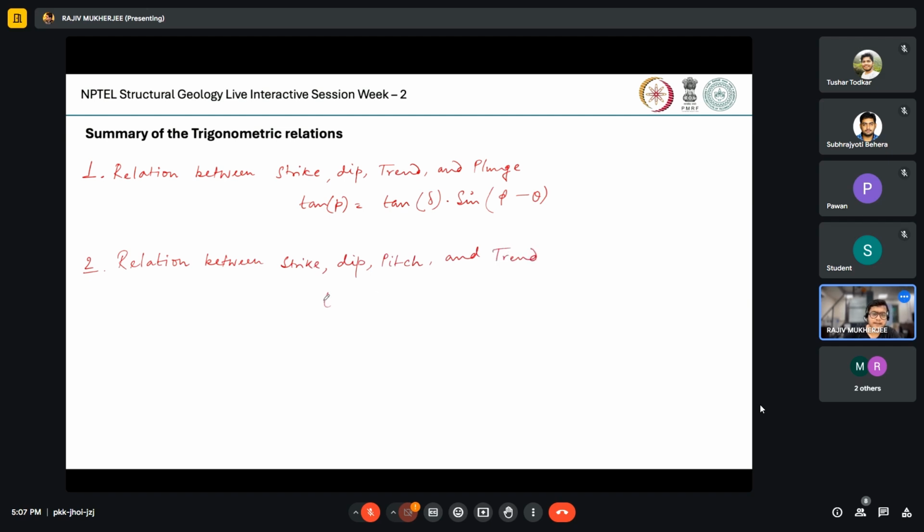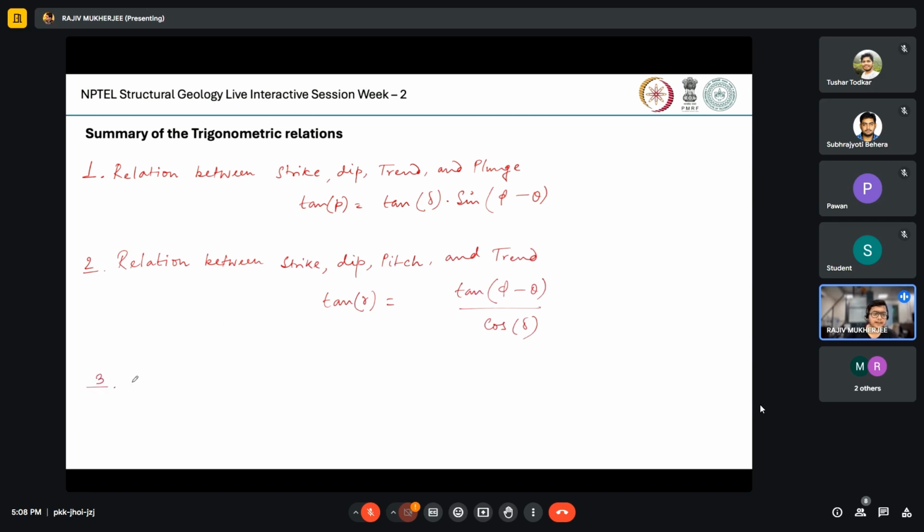So that is tan of the pitch or rake is equal to tan of this phi minus theta, that is strike minus trend, divided by cos of delta.